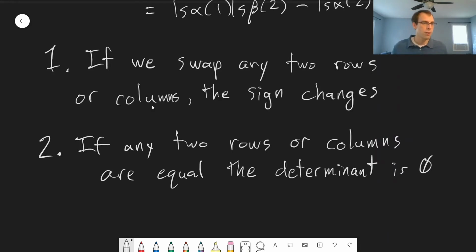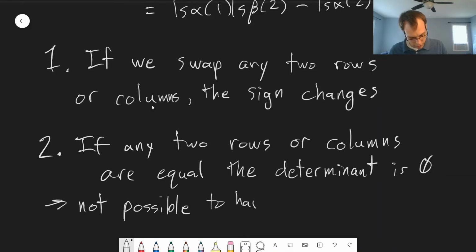So this property says that it's not possible to have 2 electrons with the exact same quantum numbers in the same system.